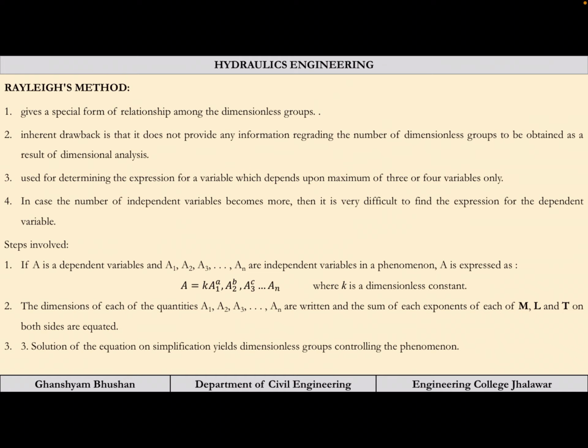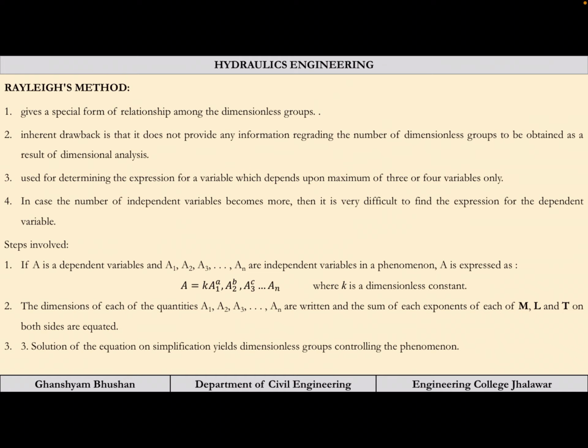And in this method, what is the inherent drawback? It does not provide any information regarding the number of dimensionless groups to be obtained as a result of dimensional analysis. So it is giving the relationship between different dimensionless groups, but the major drawback is that we are not sure how many dimensionless groups we have to form.